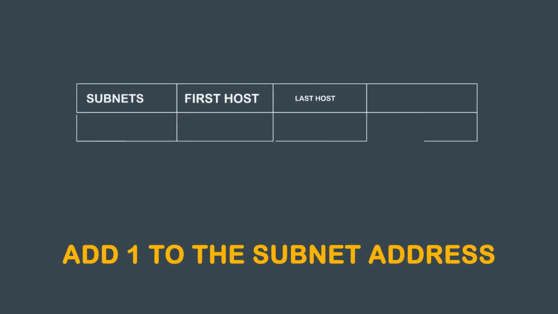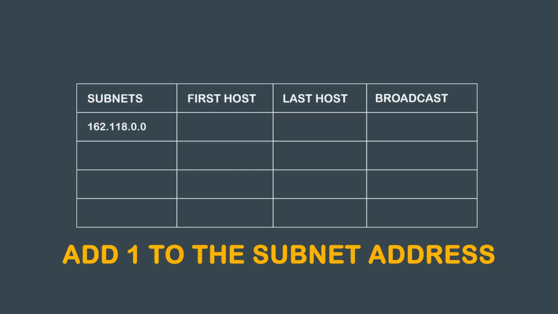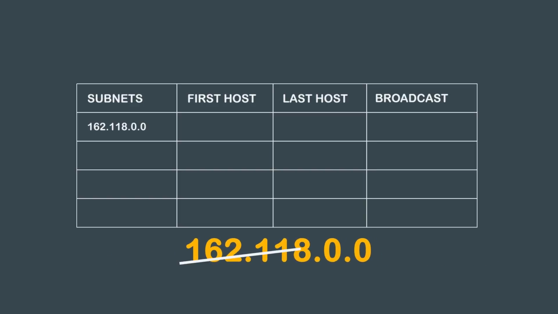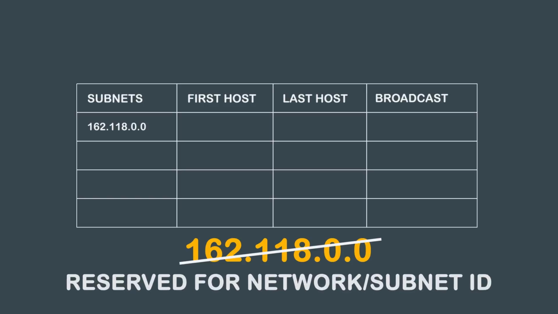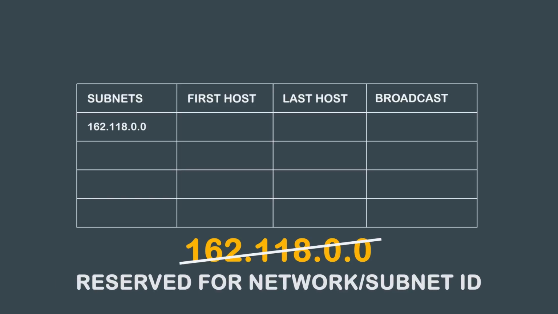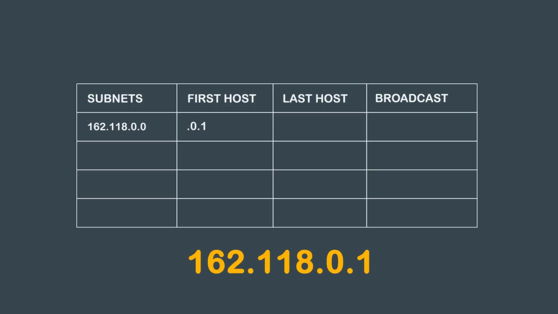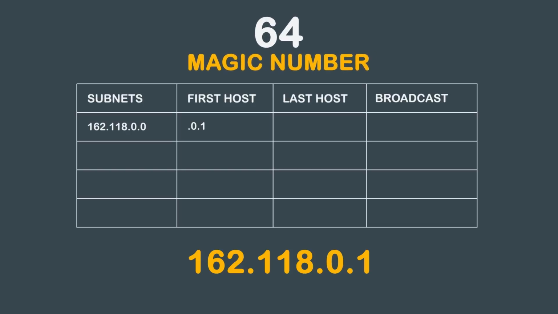To find our first host, we simply add 1 to the subnet address. We can't use 162.118.0.0 as our first host because it is reserved for the network or subnet ID. This means that our first host for the 162.118.0.0 subnet is 162.118.0.1. To find the last host, we come back to our magic number. Take the octet of concern, in this case the third octet, and add the magic number to it.